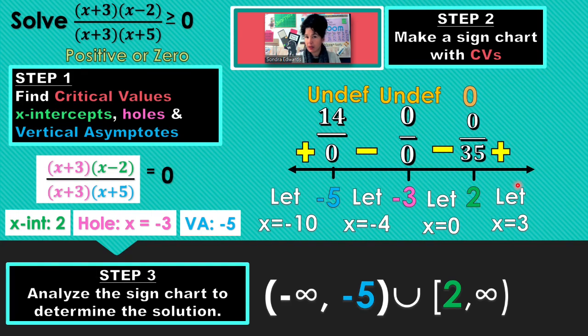You put those on a number line, and then you test in each section and also test those critical values. Then analyze by going back to the inequality symbol to decide if you're looking for positives, negatives, or 0. And then keep those pieces and you've got the answer.